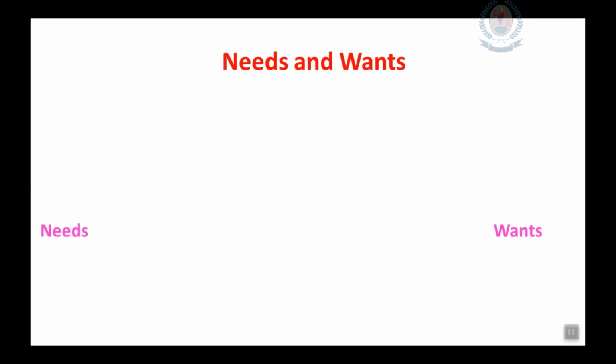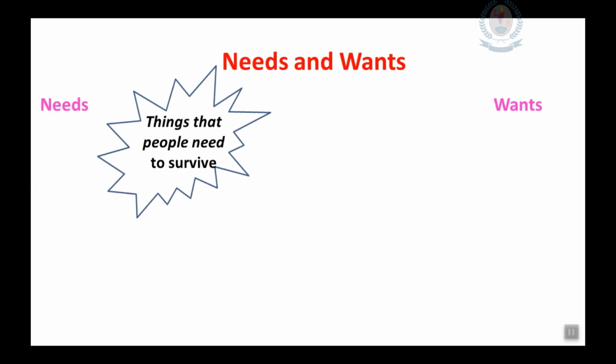Needs and wants. Needs. Needs means things that people need to survive. Needs are very much essential for our survival. But remember that needs are limited and precise. We don't need everything to live.